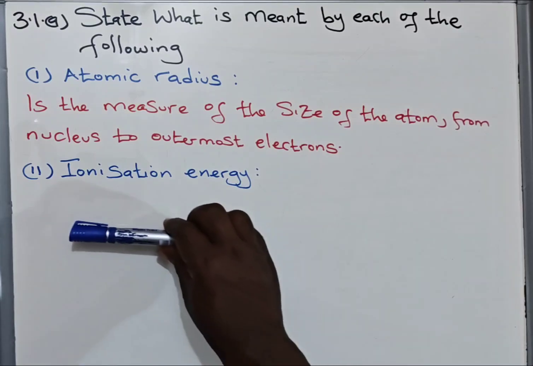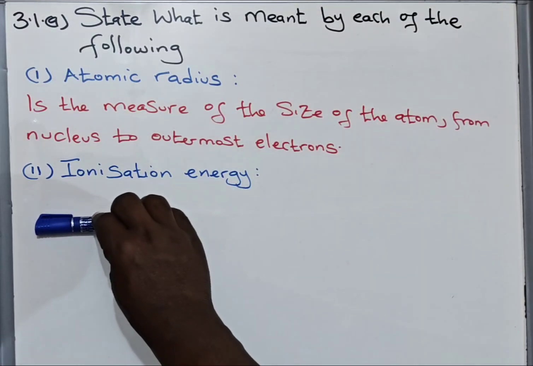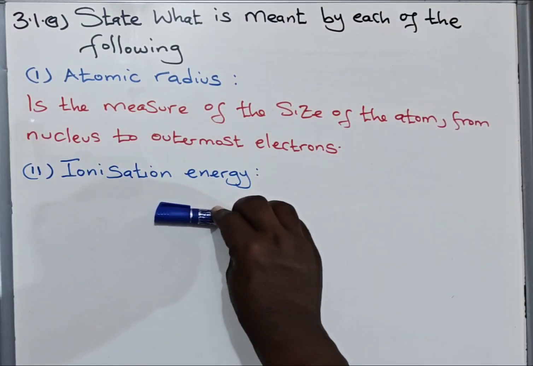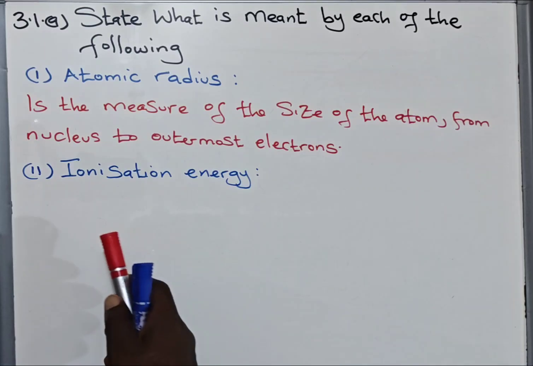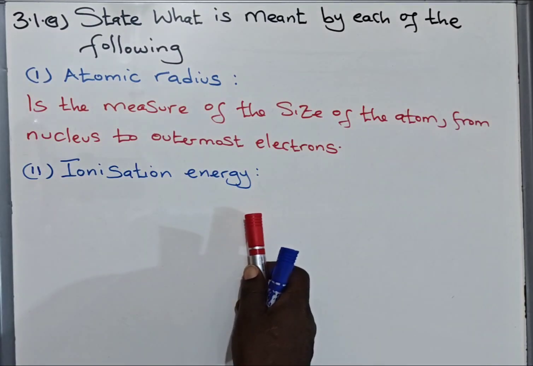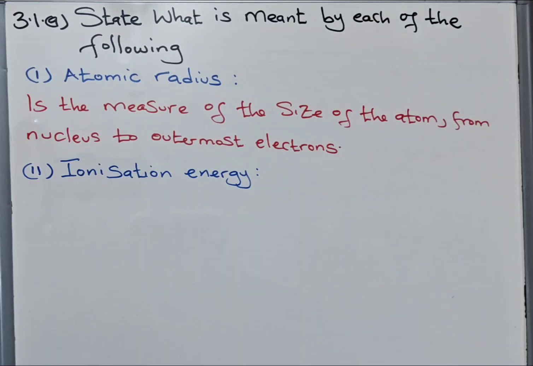Next, what is meant by ionization energy? So, what is ionization energy? This is the amount of energy needed to remove the outermost electrons from an atom in the gaseous state.